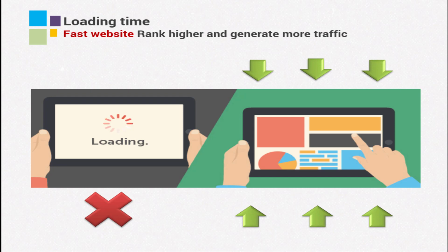So if we want to generate more traffic and get the best results, we need to create a fast website. But how can we speed up our WordPress website? The answer is too simple again.